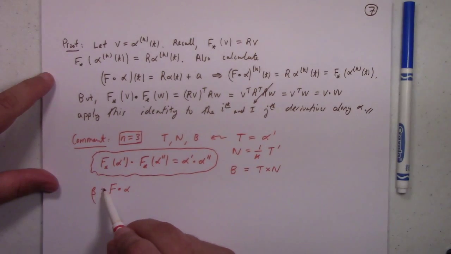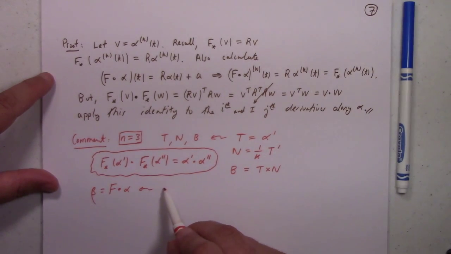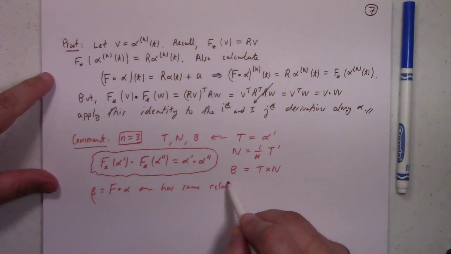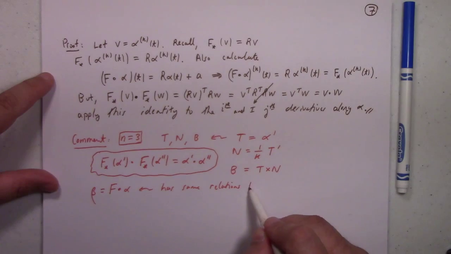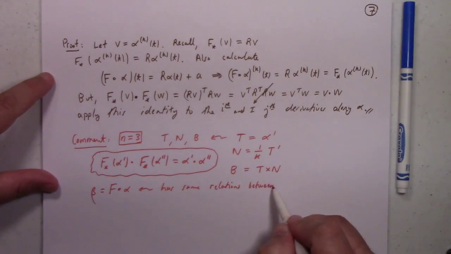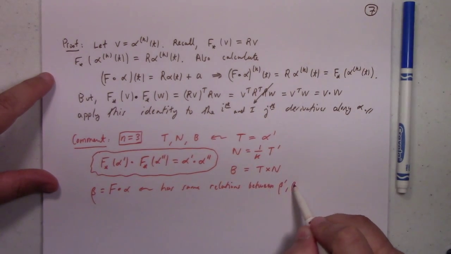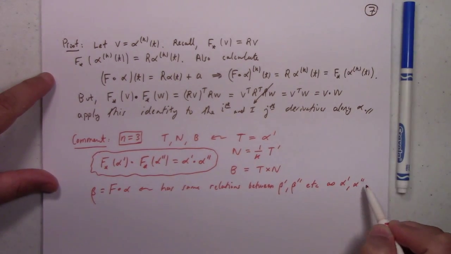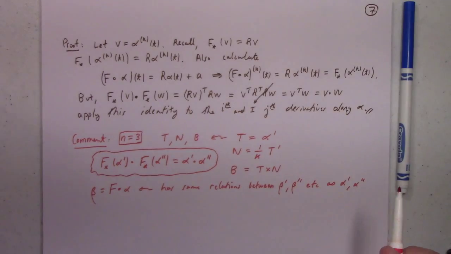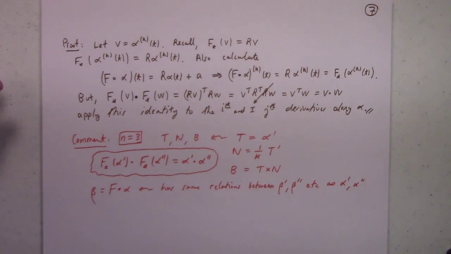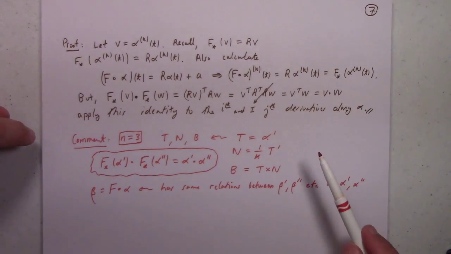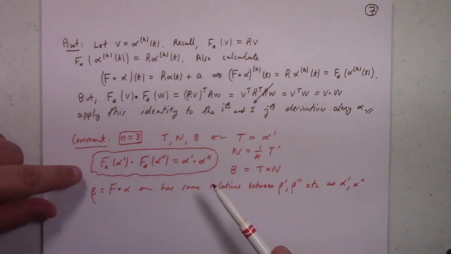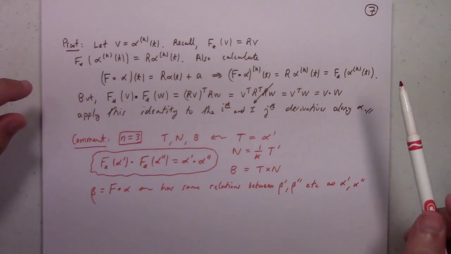If I say beta equals f composed with alpha, then this has the same relation between beta prime, etc., as alpha prime, and so forth. And so eventually we're going to give a careful proof of this, basically showing that the shape of the curve is maintained by one of these isometries.